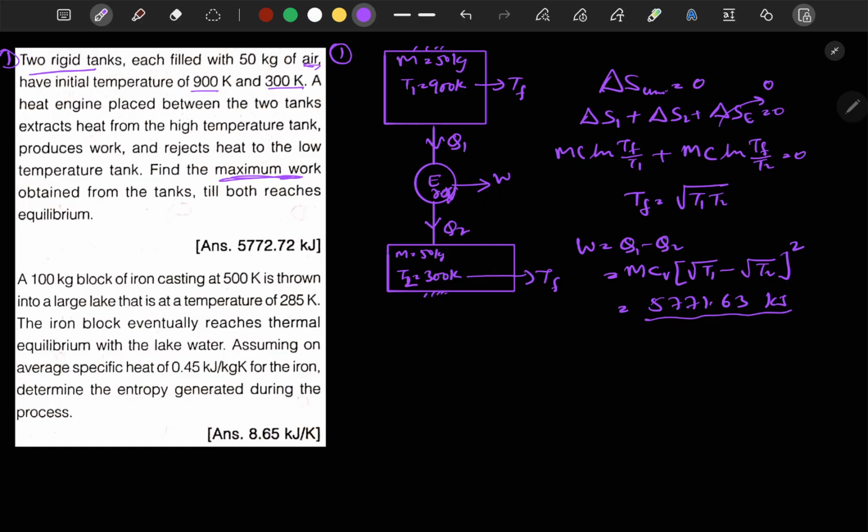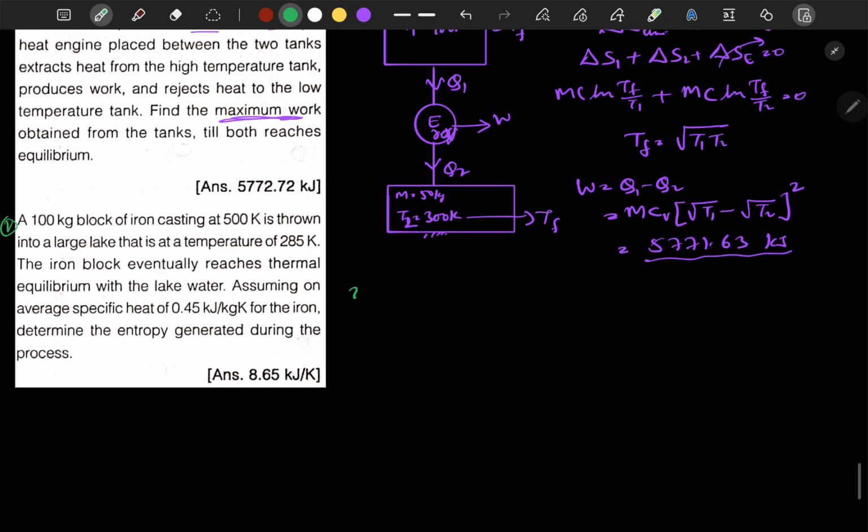Now we will move on to the next question. Let's say this is question number 2. In question number 2, it is said that a 100 kg block of iron casting at 500 Kelvin is thrown into a large lake.